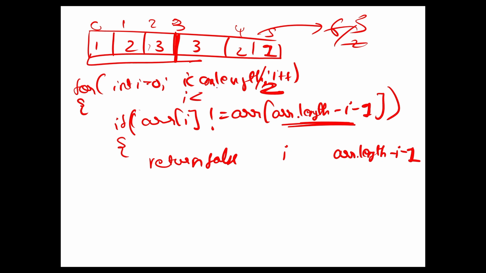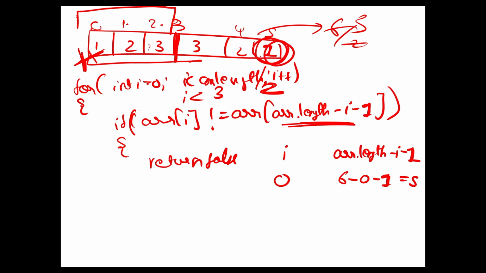So i is less than 3, and my loop runs from 0 to 2: 0, 1, 2. When my index is 0, then array length 6 minus 0 minus 1 is 5. So the first element and the last element are checked. If they are not the same, then it will return false.